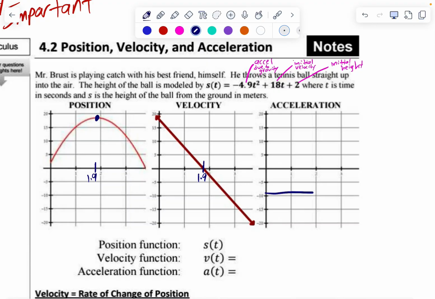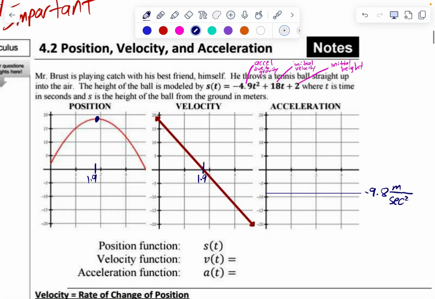So draw that one in. It's down here at 9.8, but negative meters per second squared. That's the acceleration due to gravity on Earth in metric units, or what we call SI. Have you guys heard SI for those units? Okay.